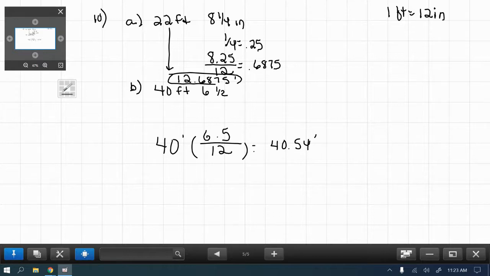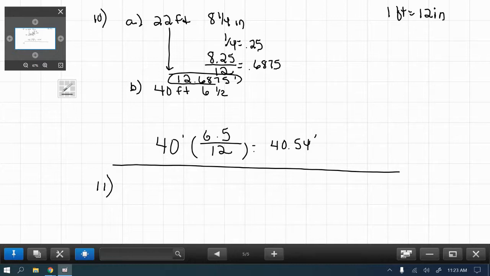I know 11 is 0.92. And I know a half inch is 0.04. Quarter inch is 0.02. So just doing that time and time again, I've got them down pat. I don't even have to use the calculator.